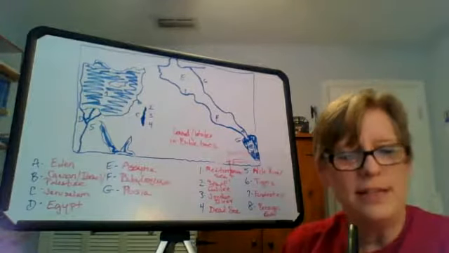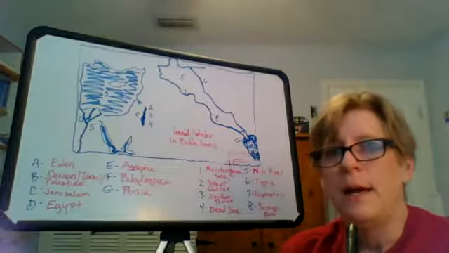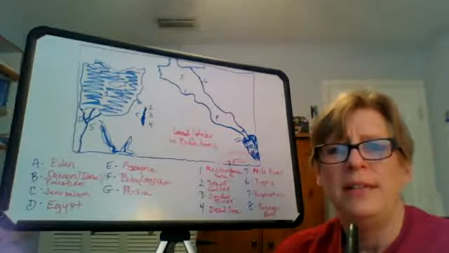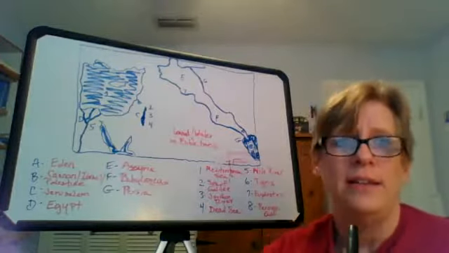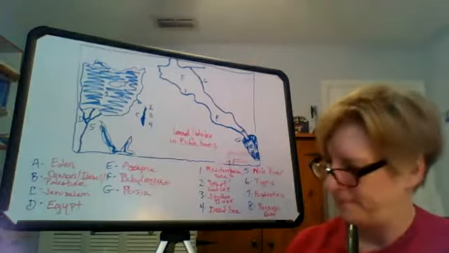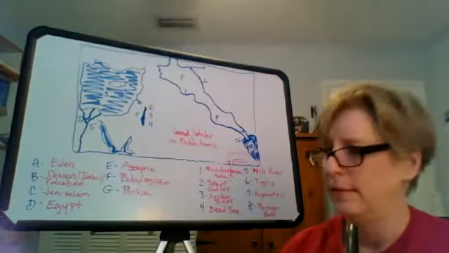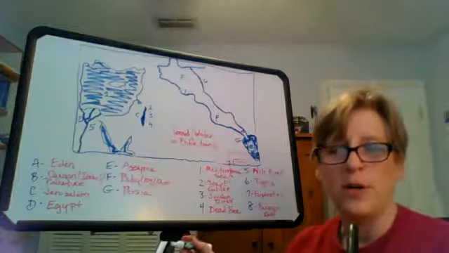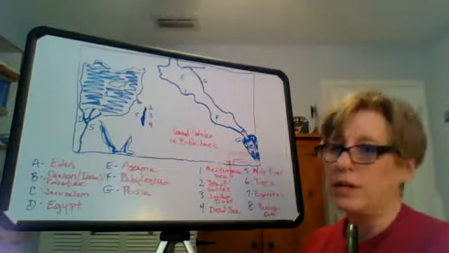Now, to give you an idea of the number of miles, the size of this, you can look at the state of Texas to get an idea of how much land mass we're talking about. If you were to draw out the state of Texas on our map, and I'm going to try to do this without this thing falling down, you'll get an idea of what we're talking about.